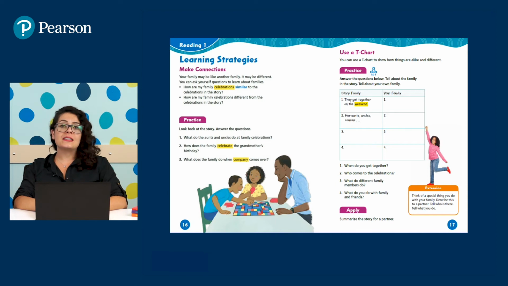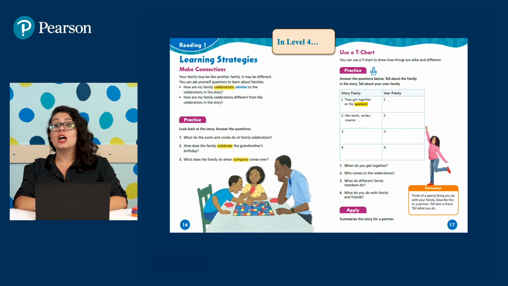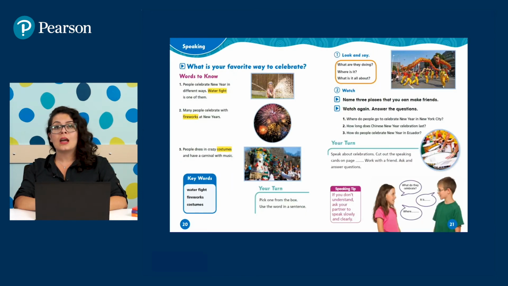Following each reading selection, there are learning strategies for learners to develop their transferable academic skills. Thinking about the cognitive and language development of learners, these learning strategies are introduced in Level 4, not in the levels below. After the first reading selection in each module, a speaking task is presented.